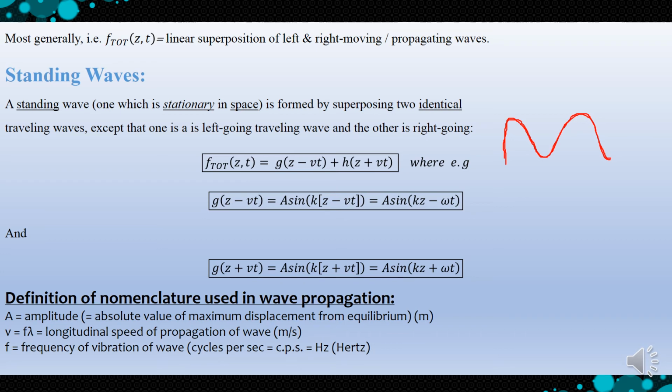Definition of nomenclature used in wave propagation. A is the amplitude, and v is equal to f lambda, the longitudinal speed of propagation of the wave in meters per second. f is the frequency of vibration of the wave in hertz.